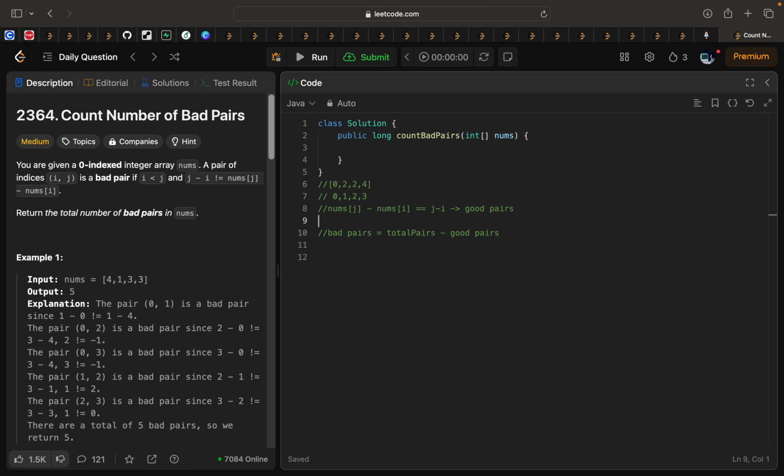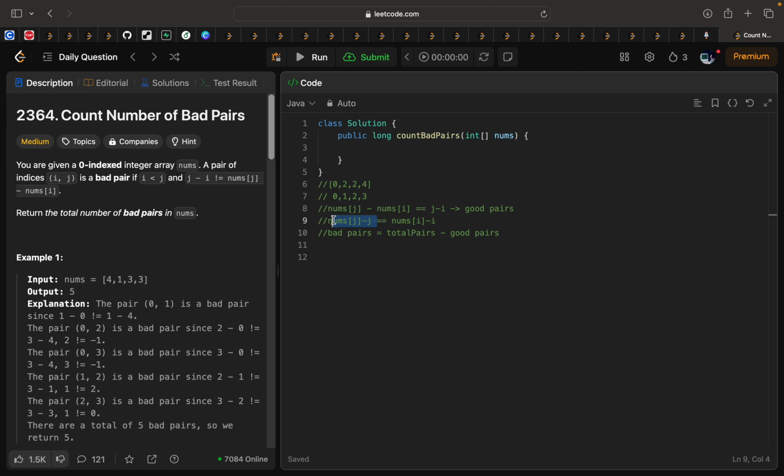Can we say something like nums of j minus j equals nums of i minus i, taking nums on this side and putting this j on this side?